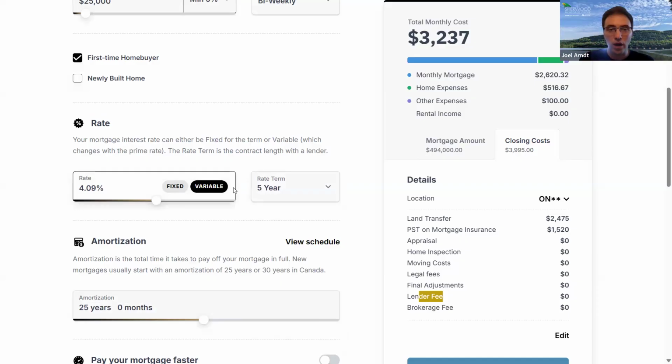Right now, most lenders have a prime rate of 4.7%. That's October 2025. That could be very different when you're actually seeing this video. So it's important to know what the prime rate is going to be at that point. And then you've got to know what the discount to prime is. It's going to be comparable, not always though.